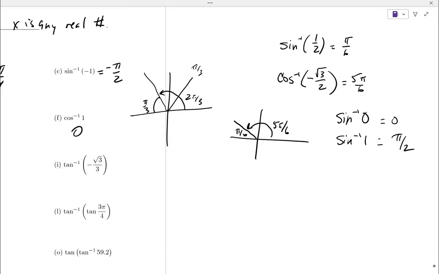It's 180, which is the same thing as, in radians, what's it the same thing as? Pi over 2 is 90. 2 pi is all the way around. Pi, there you go. Yeah, halfway around is pi. So the reference angle takes up pi over 6 of it. And that's where the 5 pi over 6 is coming from. If you subtract out the pi over 6 from pi, you'll get 5 pi over 6.